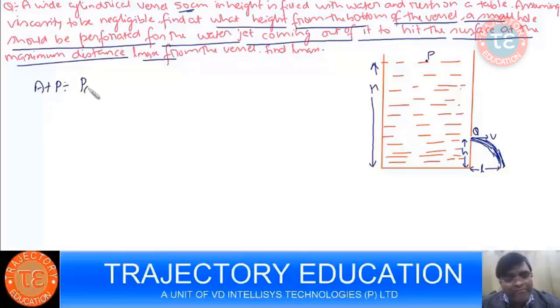At P, the static pressure is P atm, and say the velocity with which the water surface comes down is v dash, so 1/2 rho v dash square plus rho gh, that is constant, at Q.